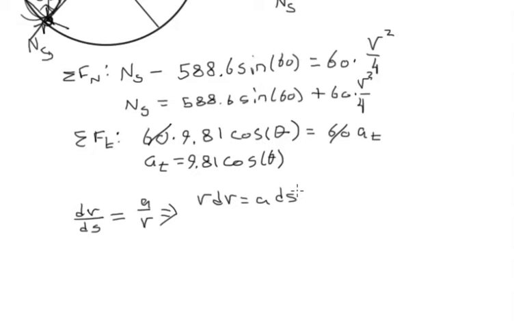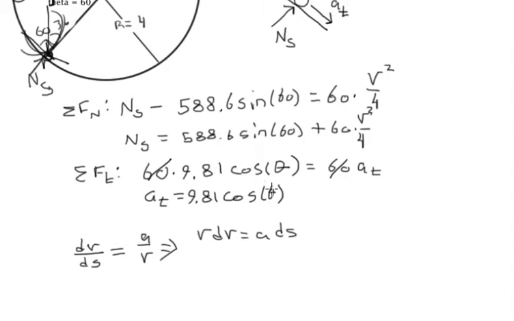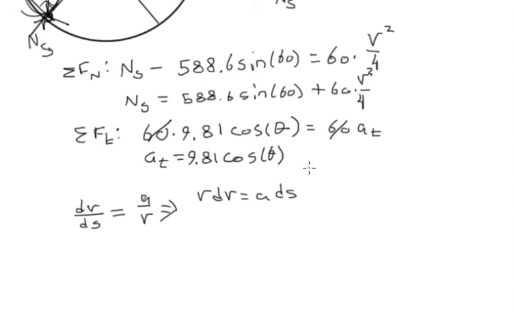Now ds isn't very useful to us here because we're not going to be integrating along a certain distance. We're going to be integrating along theta, since we know the initial value of theta is 0 and the final value of theta is 60. So we can use an identity here. We know that ds equals r d theta.